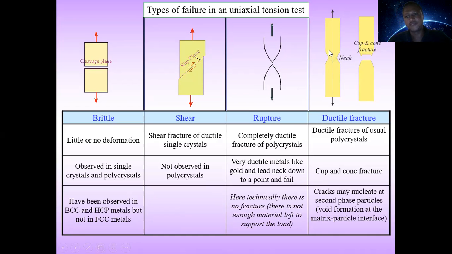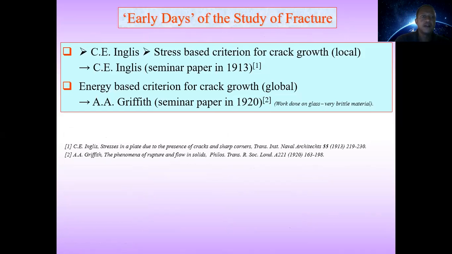There is a neck formation here, and then finally a cup and cone fracture is formed after the neck. So ductile fracture of usually polycrystals gives a cup and cone fracture. Cracks may nucleate at second phase particles or void formation at the matrix particle interface.